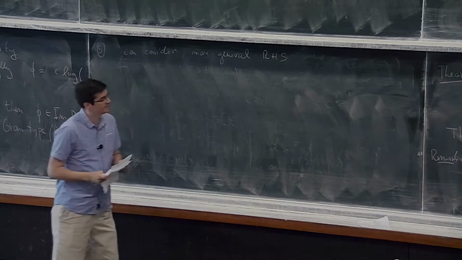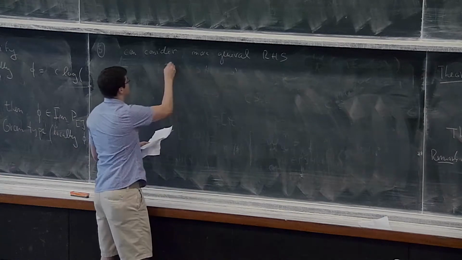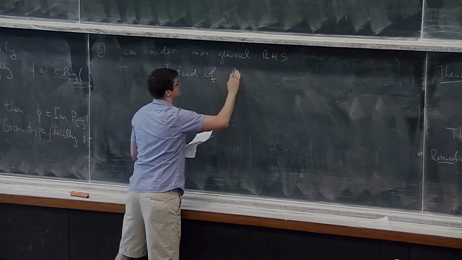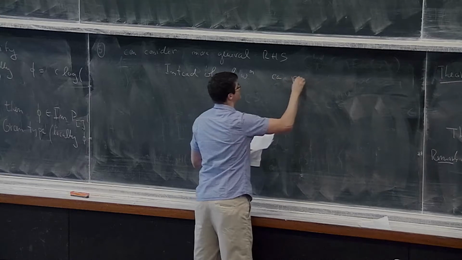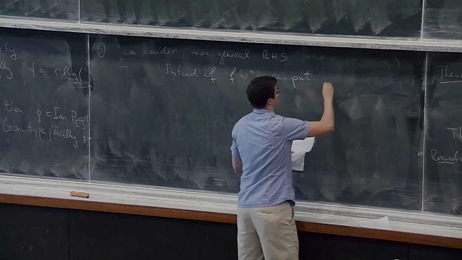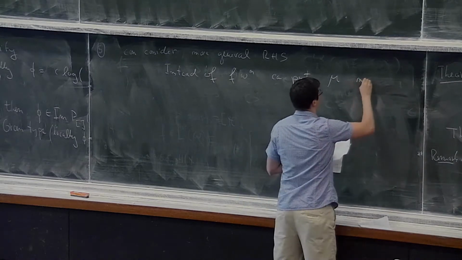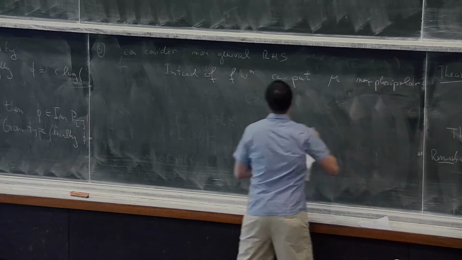And what I mean by that, so you can put instead of f times omega to the n, you can put mu, a non-pluripolar measure.